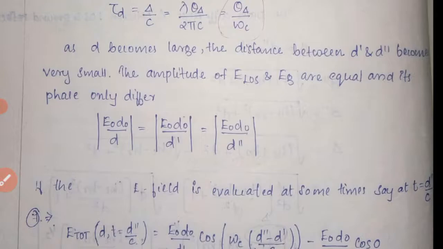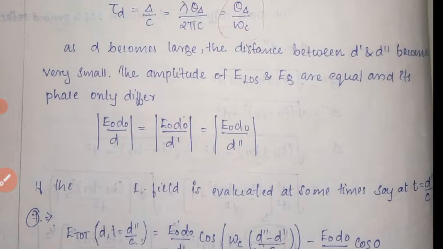When the distance is large compared to the last case, d dash and d double dash become approximately equal to d. The difference becomes very small, almost equal to 0. So we can write E naught d naught by d is equal to E naught d naught by d dash is equal to E naught d naught by d double dash.